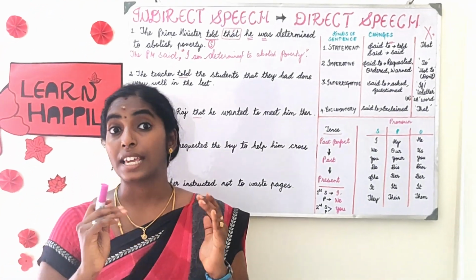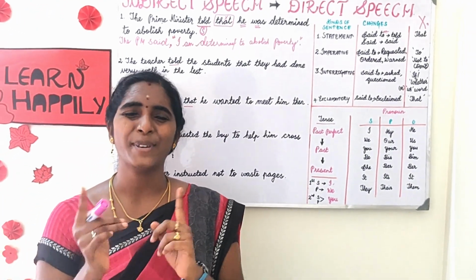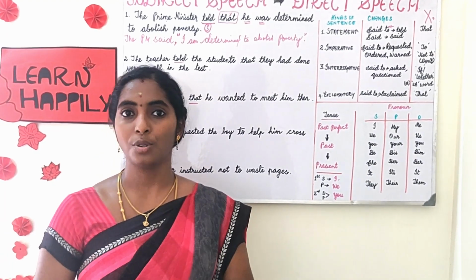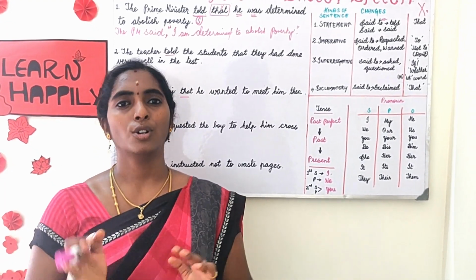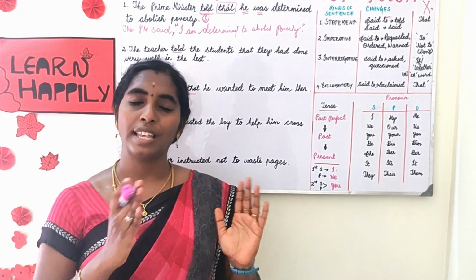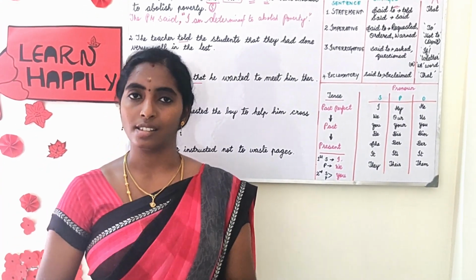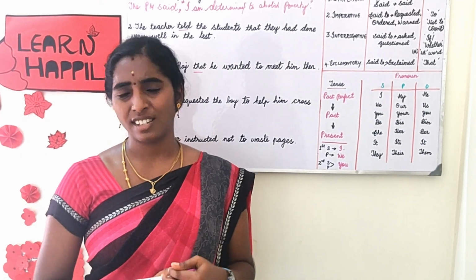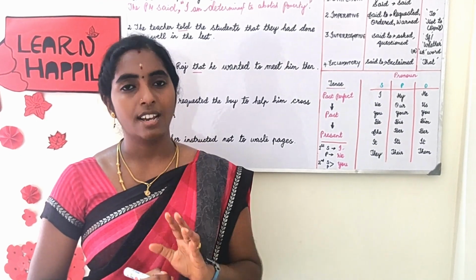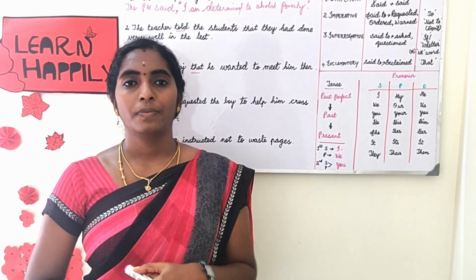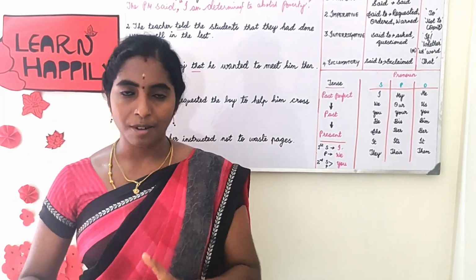So now in the case of pronouns, how he becomes I, a slight confusion will be there, isn't it? So don't worry about that. I told you in the last part itself that indirect speech to direct speech is very easy. Ma'am, how are you saying? Is it so really? Yes, it's really true. How? Imagine you as that person.